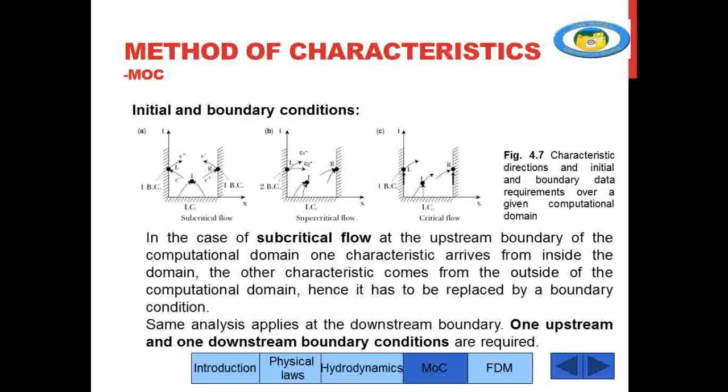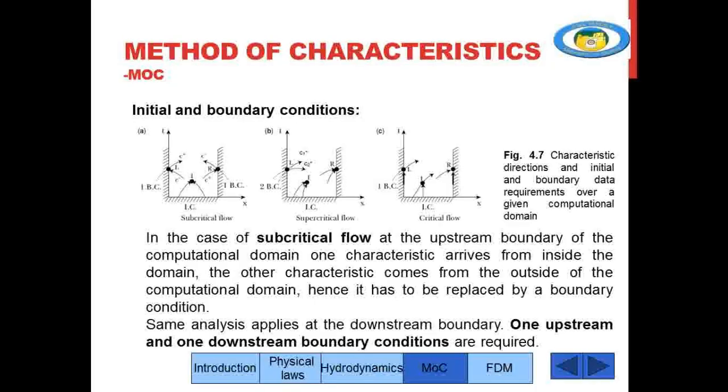Now, let's talk about the initial and boundary conditions. If you look at the plane of t versus x, where x is space and t is time, then at t equal to 0 we need to specify the initial conditions.